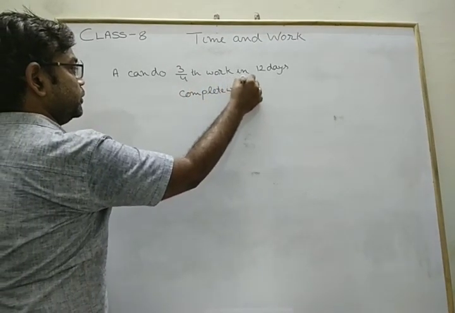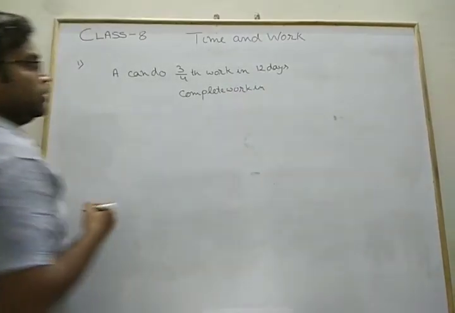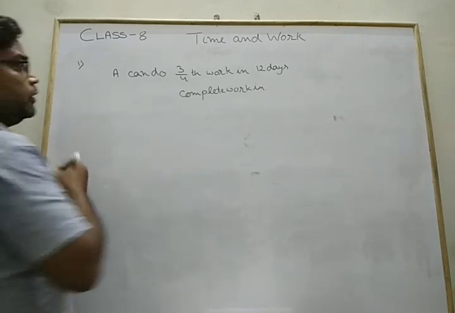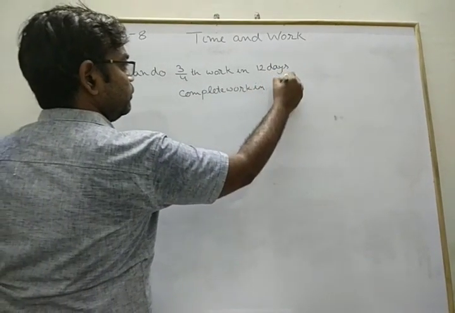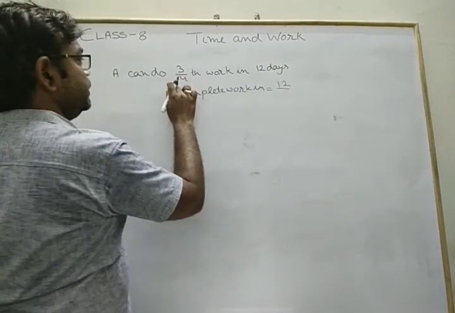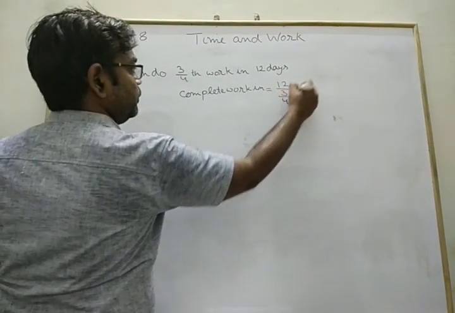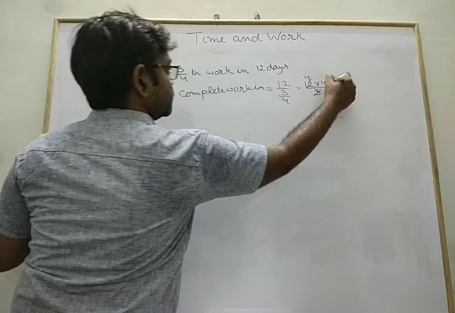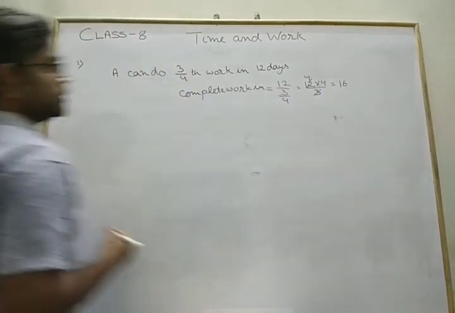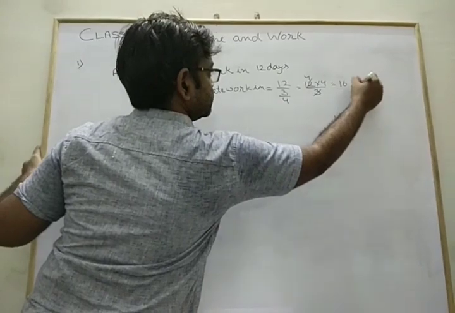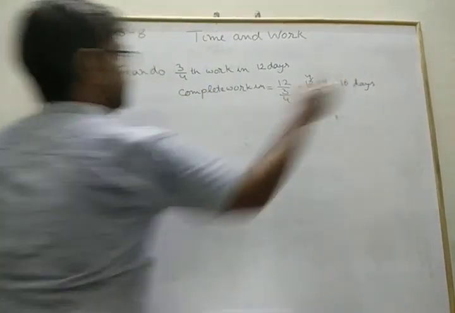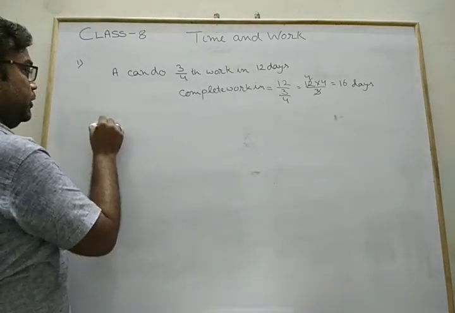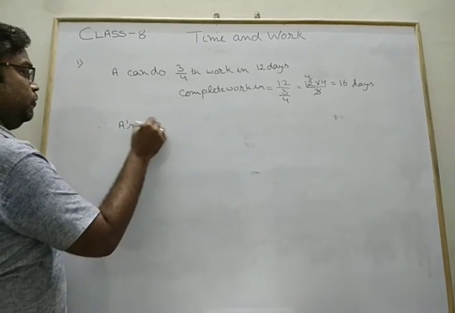It's 12 divided by 3/4. That is 12 into 4/3, which is 16. In 16 days, that person can complete the work. So 1 day's work, therefore, is 1 day work.